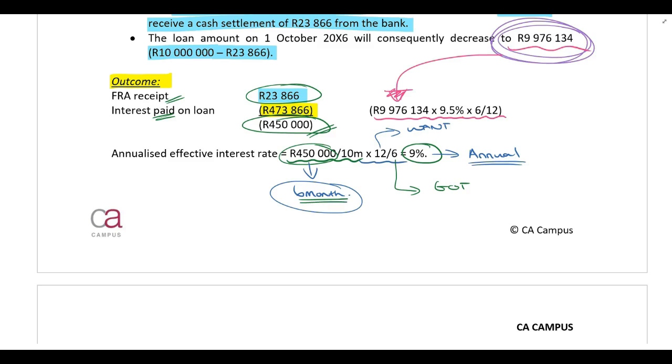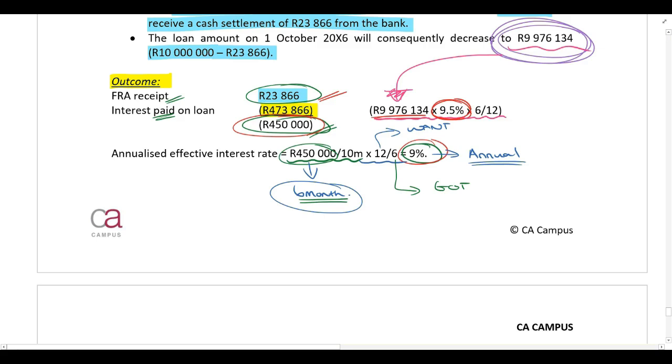And you can see what they've managed to do. On the date that they actually enter into the loan agreement, they are going to have to pay interest at a rate of 9.5% because that is the interest rate at the date that they enter into the loan agreement. However, because they've received this money from the bank, they offset that against the loan amount. So it works out that they are effectively paying interest at a rate of 9% for this 6-month period.